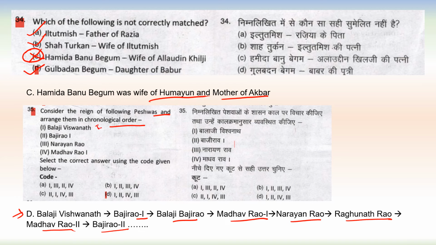Then Bajirao first, he was the second. Then in chronological order, it is Madhav Rao first, and then Narayan Rao. Narayan Rao will come last. So third should be at the last, and first should be at the first. So this one is our answer. Answer D is our answer. First, second, fourth, third.